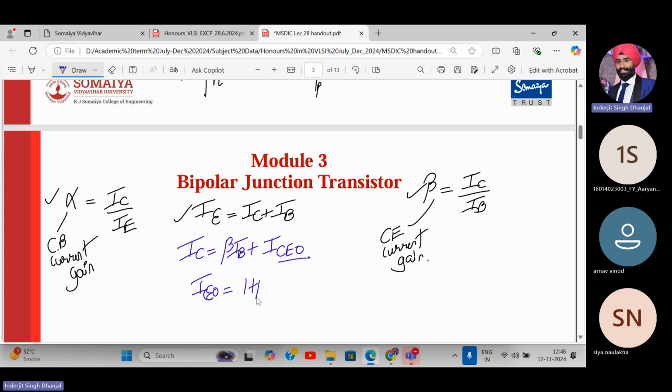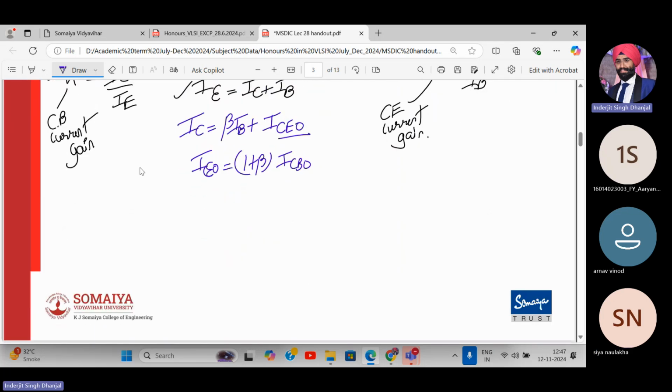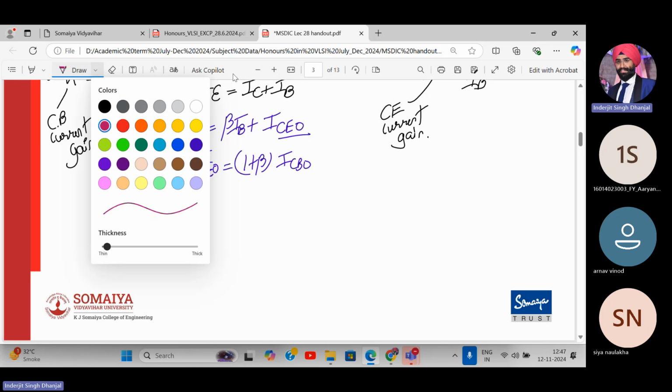ICEO is 1 plus beta times ICBO. ICEO is the current flowing through the collector and emitter with base open. ICBO is the current flowing through the collector and base when the emitter is open. So these are a few relationships which we should know. Agree, students? It's just a revision going on basically.